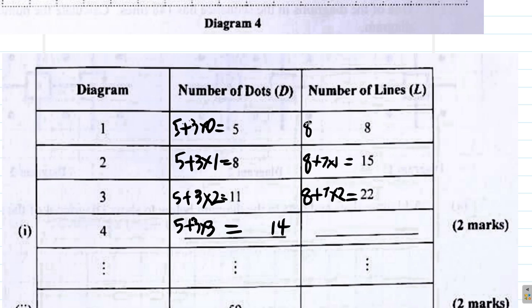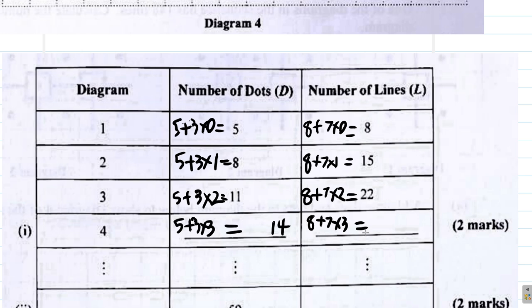And this one is 8 plus 7 times 0, which gives you 8, right? So you have a formula there that you can follow. If you have diagram 1, 8 plus 7 times 0, diagram 2, 8 plus 7 times 1, diagram 3, 8 plus 7 times 2, then you should have diagram 4, 8 plus 7 times 3. 7 times 3 is 21.